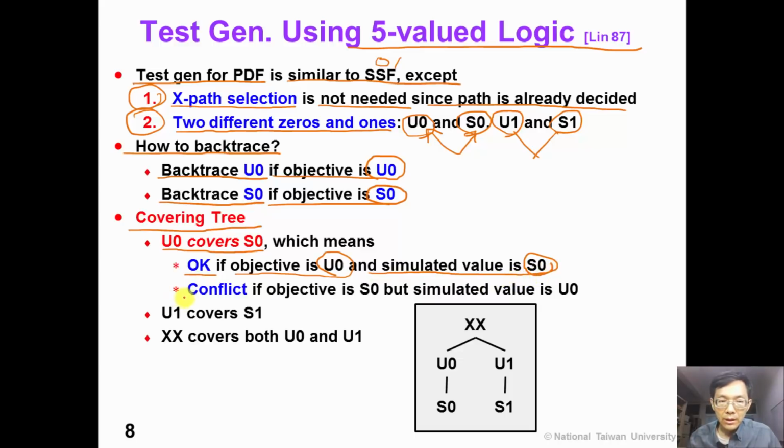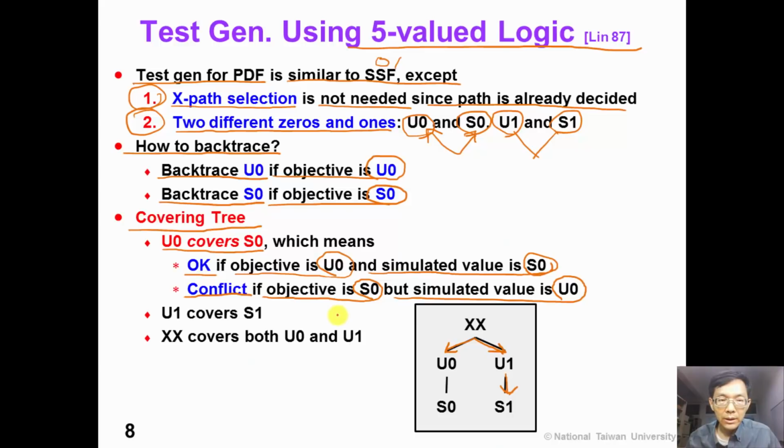However, it is a conflict if our objective is S0 but our simulated value is U0. Similarly, U1 also covers S1 and the double X covers both U1 and U0.